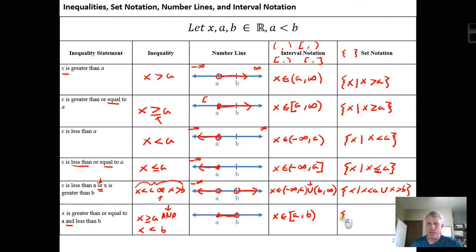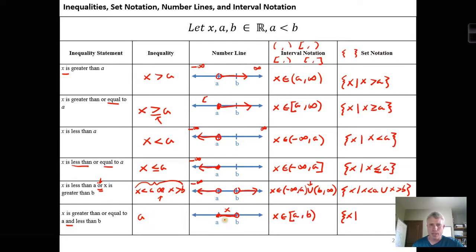And in set notation, I would say the set of all x such that, and I want to notice that if I have an AND statement, I can actually put these together because x is greater than or equal to a and x is less than b can actually be combined here into a single sentence, because what you can see is that the x is between these two, so we can rewrite this actually as an inequality that looks like this.